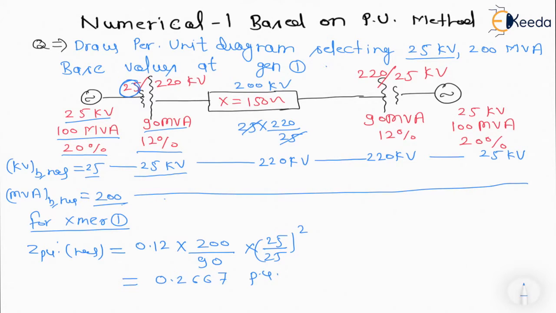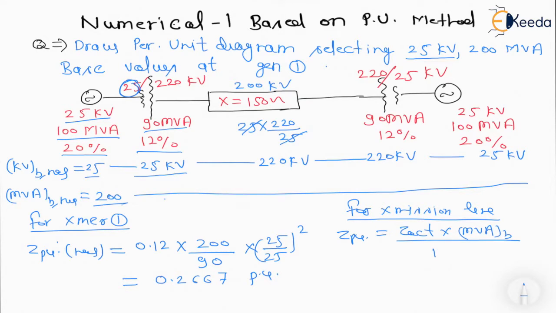Coming to the transmission line, we will not use the old-new formula, we will use the actual one. ZPU is equal to Z actual into MVAB upon KVB square. Putting in all the values, Z actual is given as 150 into MVAB new 200 upon KVB squared. Here there will be confusion whether to take 200 kV or 220 kV.